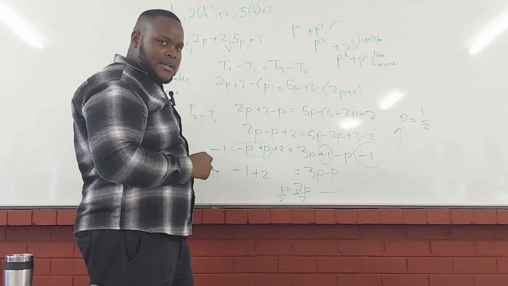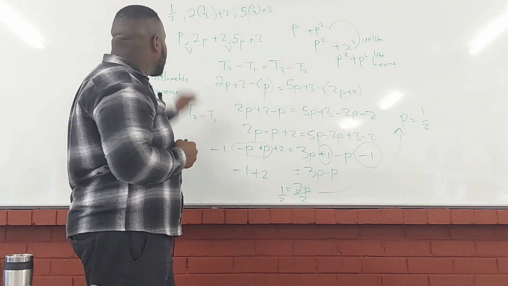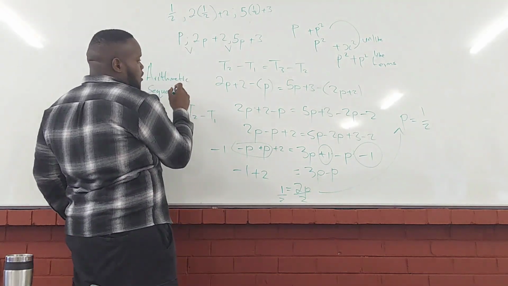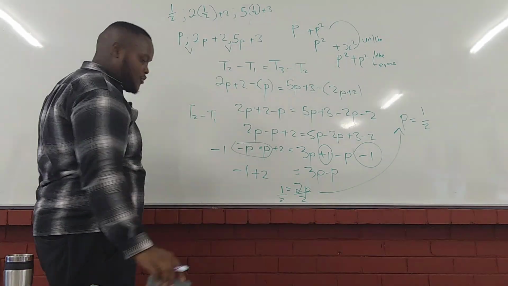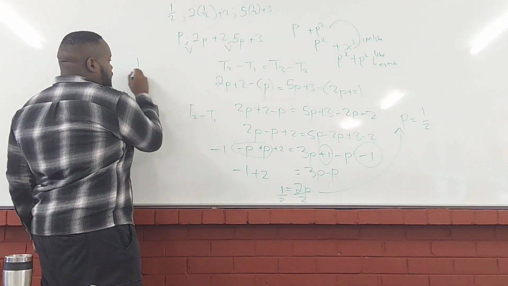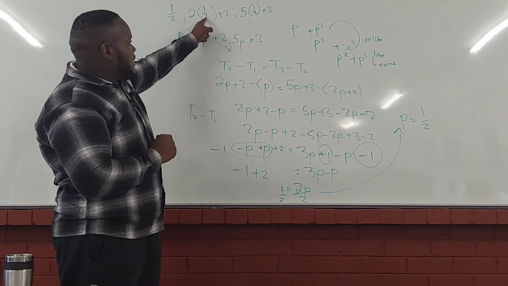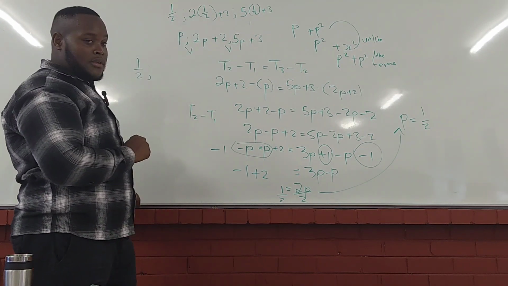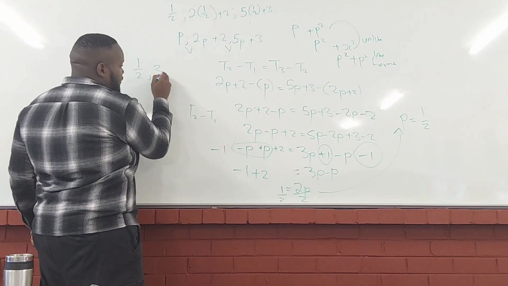This is my what? This is my sequence. But then I can still simplify my sequence. Therefore, the first term is also going to be 1 over 2. What is the second term going to be? 2 multiplied by 1 over 2 is going to be 1. Then I'll have 1 plus 2, I will now have 3.